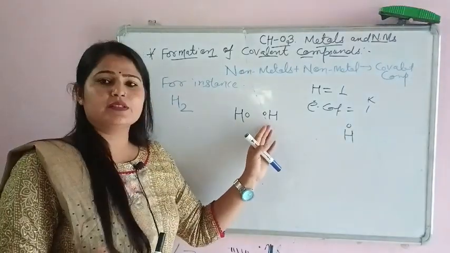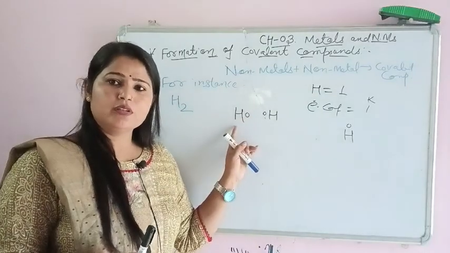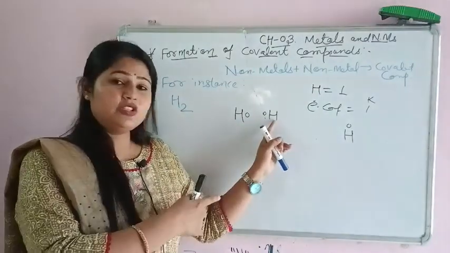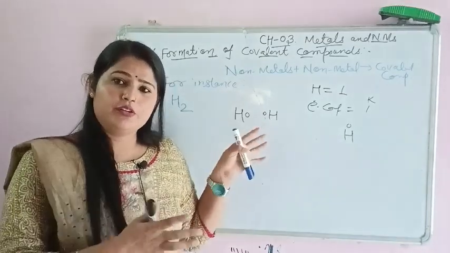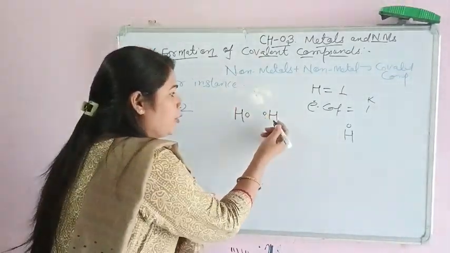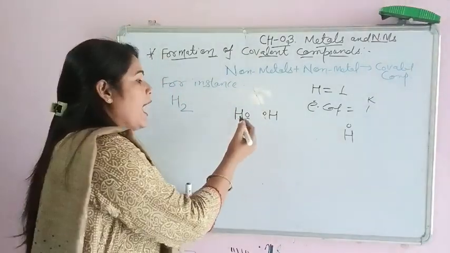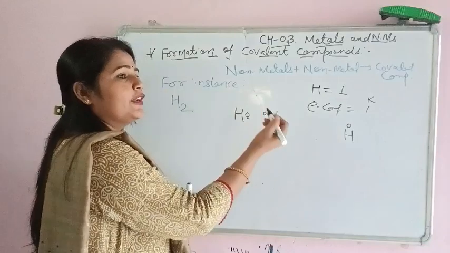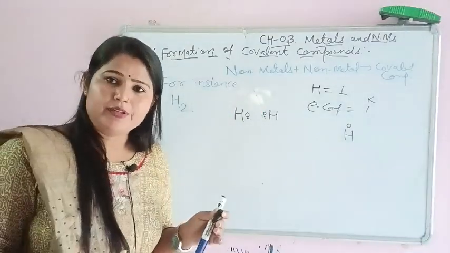But in this case, this hydrogen does not give the electron to this hydrogen, because this hydrogen atom also wants to be stable. So what should they do? This hydrogen shares the electron of the other hydrogen, and that hydrogen also shares the electron of this hydrogen, and they acquire their stability.